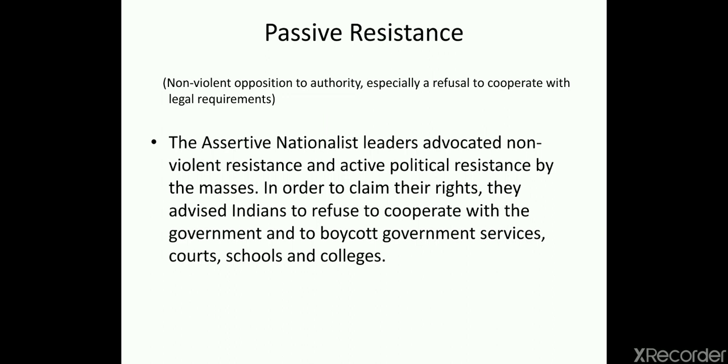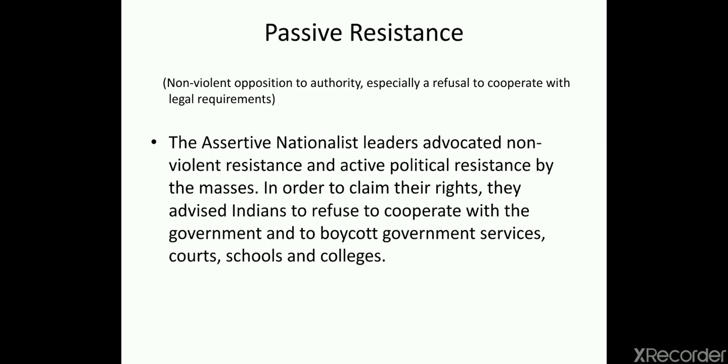So the assertive nationalist leaders advocated non-violent resistance and active political resistance by the masses. In order to claim their rights, they advised Indians to refuse to cooperate with the government and to boycott government services, courts, schools, and colleges.